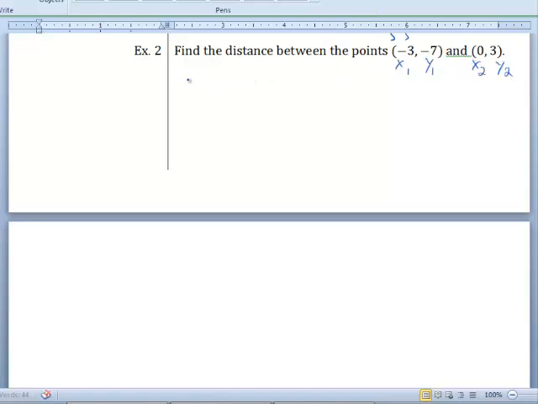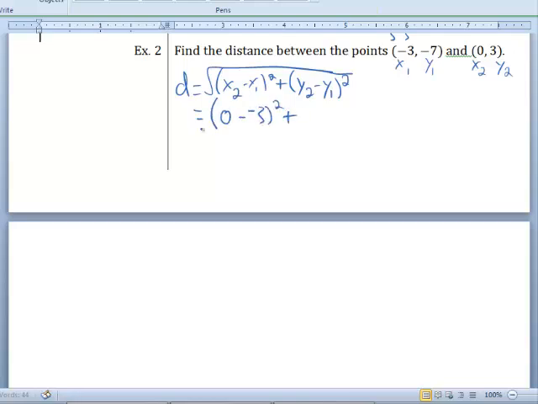All right, the distance is the square root of x2 minus x1 squared plus y2 minus y1 squared. All right, x2 minus x1 is 0 minus a -3 squared. Uh-oh, forgot my square root sign. Don't do that, kids. Y2 minus y1 is 3 minus a -7 squared.